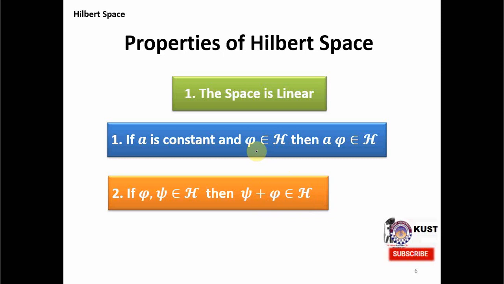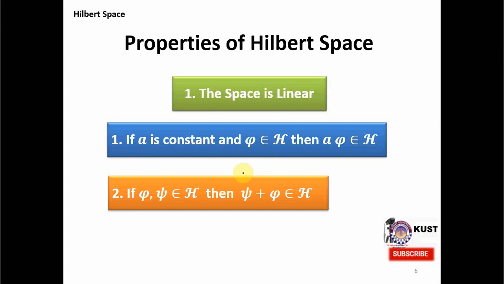So if any space holds these two conditions, then we say that this space is linear. Still, there are three other conditions to be checked, but when these two conditions are satisfied for a space of functions, we say that at least now this space is linear.